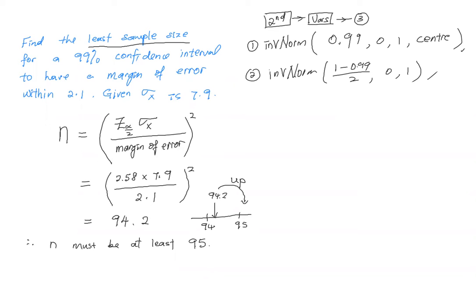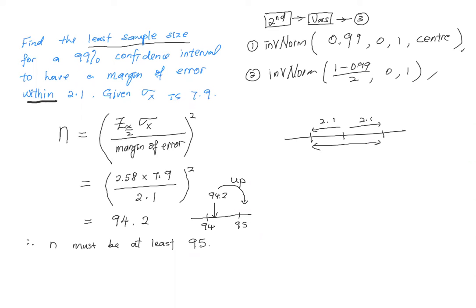Because you want it to be within. So that means your confidence interval must be from here to here, 2.1, here to here, 2.1. Within, cannot be out of this range.